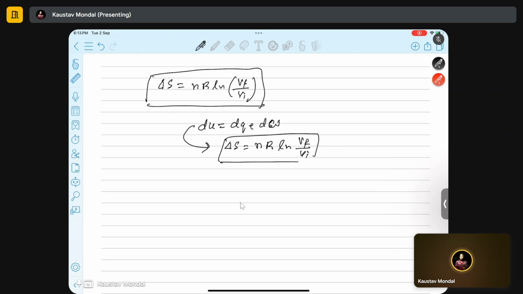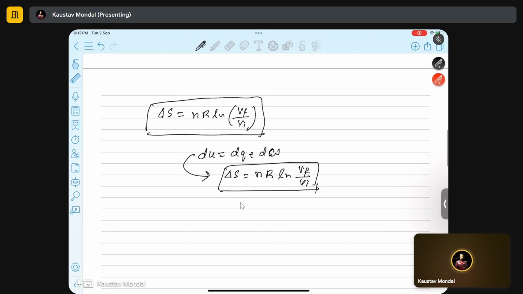So that means the statistical description of a system is consistent with the thermodynamic description, right? This is basically to check the consistency we have done it.